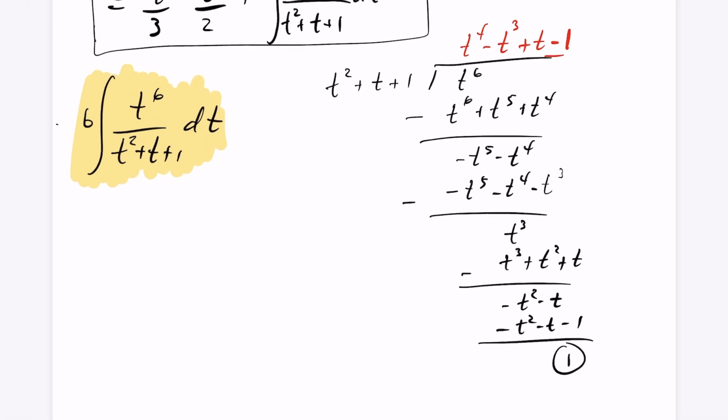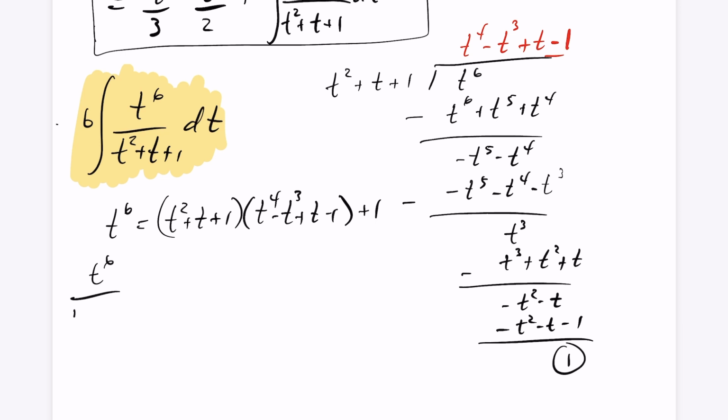So therefore, we know that t to the power of 6 can be expressed as t squared plus t plus 1 times t to the 4th minus t squared plus t minus 1, plus 1. So therefore, t to the 6 over t squared plus t plus 1 is going to be this expression here, plus 1 over t squared plus t plus 1.